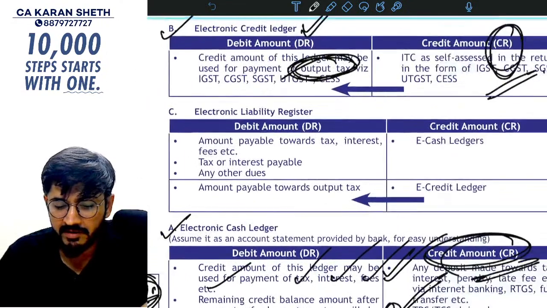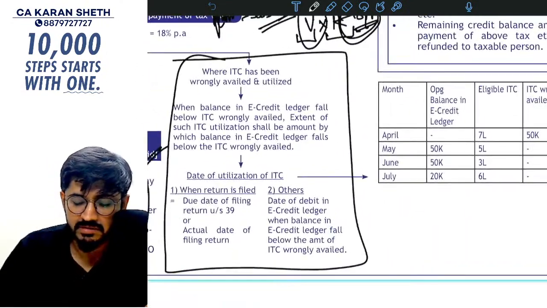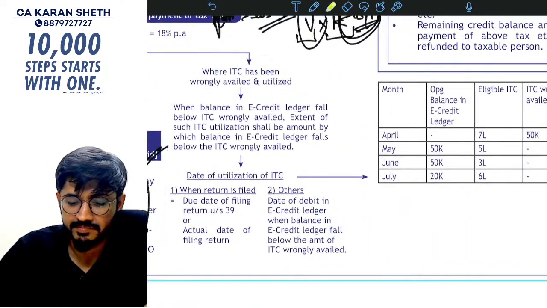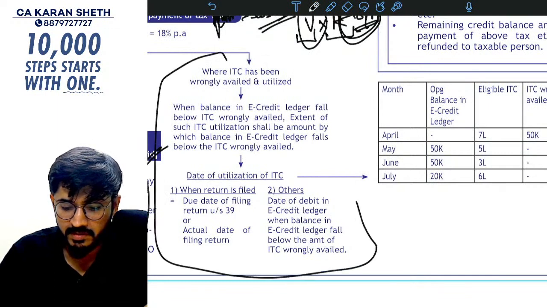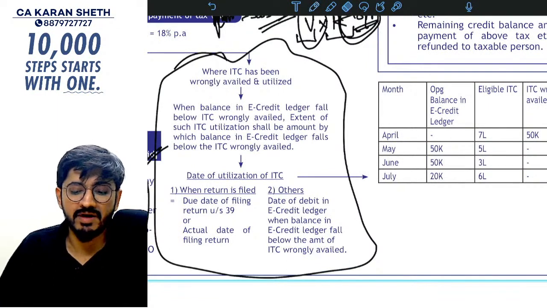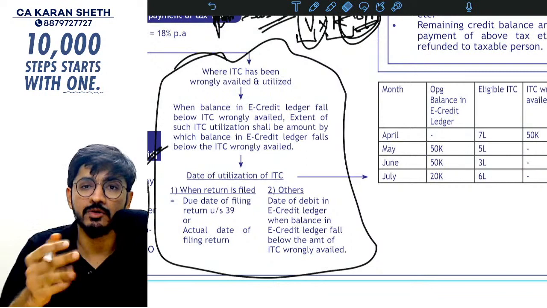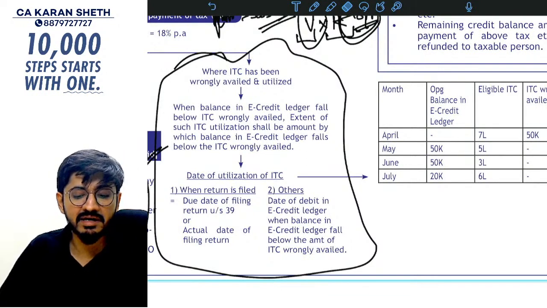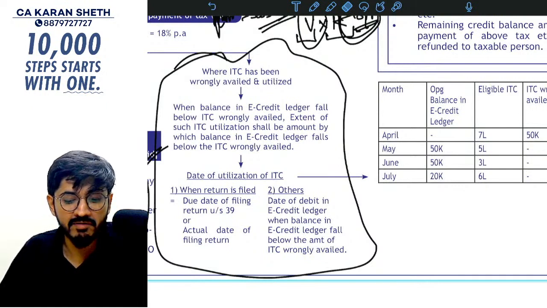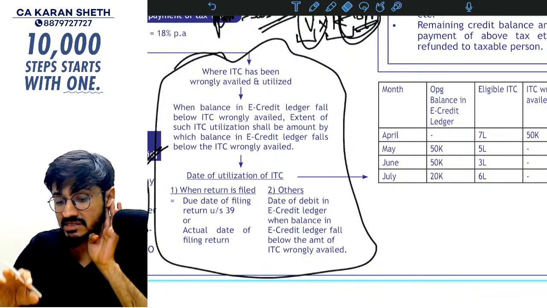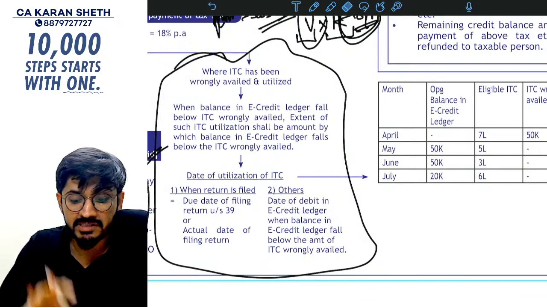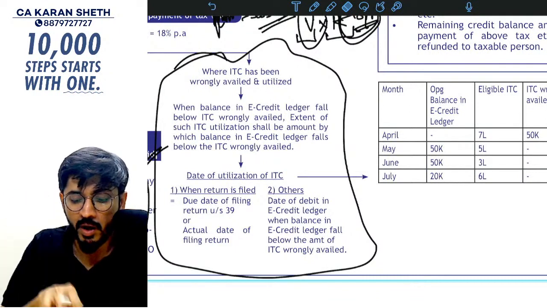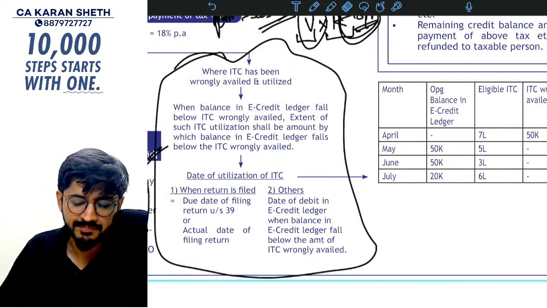Now finally, my dear friends, comes the last part. This one, where ITC has been wrongly availed and utilized, right? So when the balance in e-credit ledger falls below ITC wrongly availed, extent of such ITC utilization shall be amount by which balance in e-credit ledger falls below ITC wrongly availed.